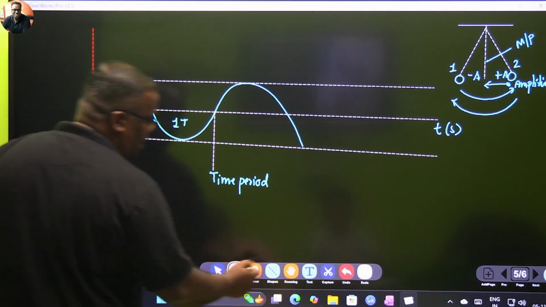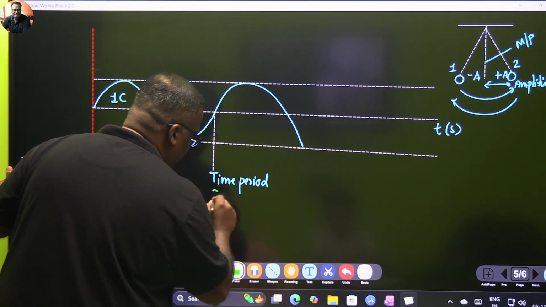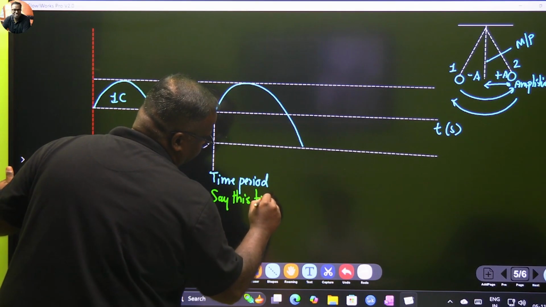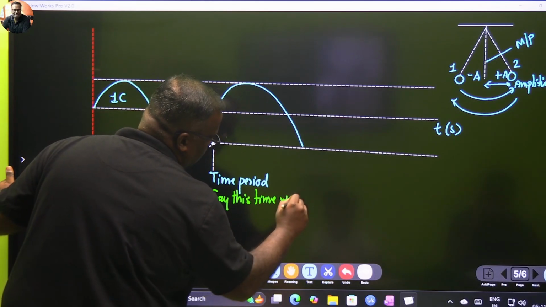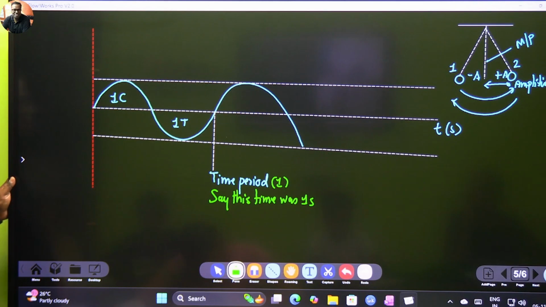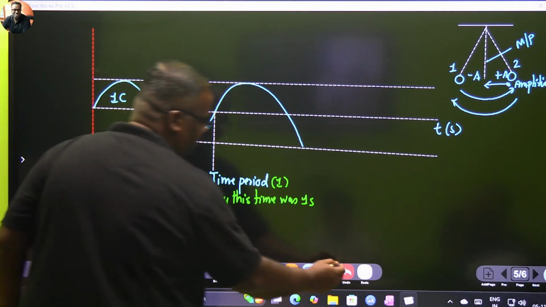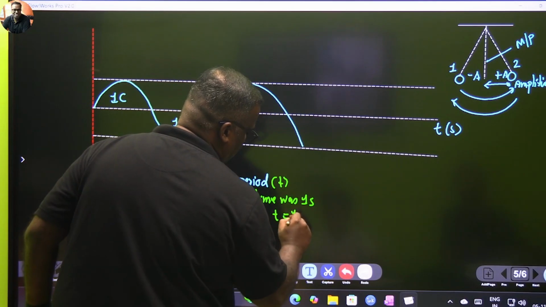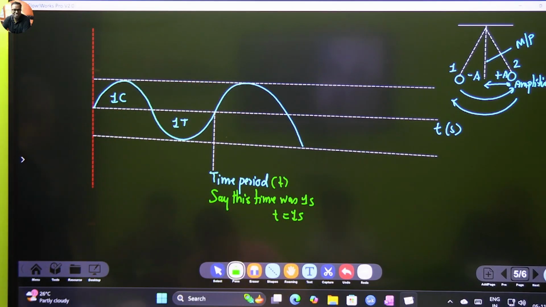Now we see a typical scenario. Say this time was 1 second. ये जो t है ना, this is generic t, that is 1 second.